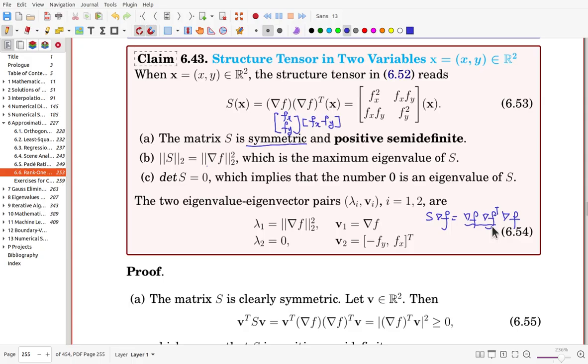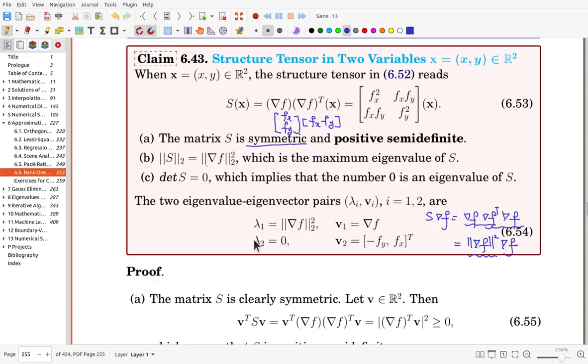Now if we consider this portion first, then that becomes the gradient of f norm squared, and then the gradient of f. See here, matrix times vector gives a scalar times the same vector, so that must be the eigenvalue, and that is the eigenvector. Right?